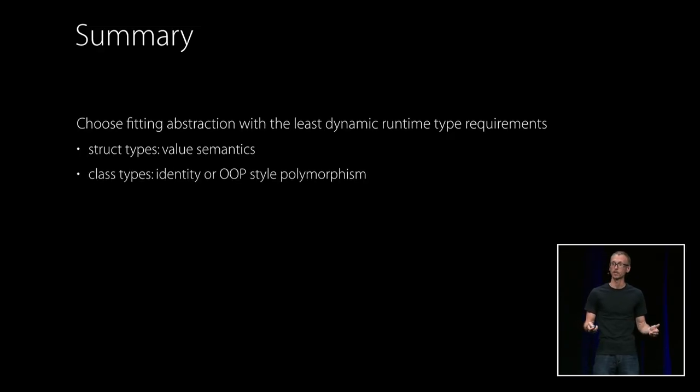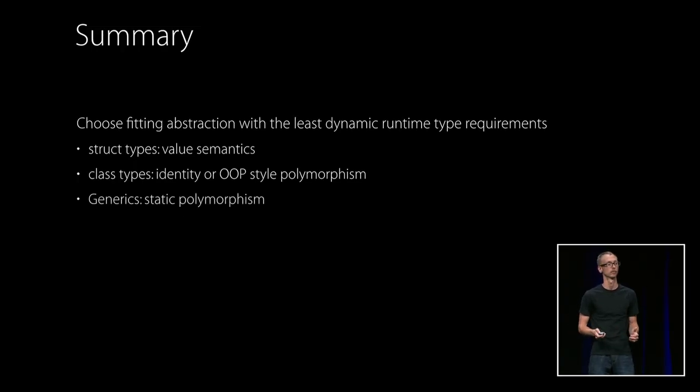If you need to use classes because you need, for example, identity, or you're working with an object-oriented framework, Kyle showed us some techniques to reduce the cost of reference counting. If parts of your program can be expressed using a more static form of polymorphism, you can combine generic code with value types, and again, get really fast code, but share the implementation for that code.